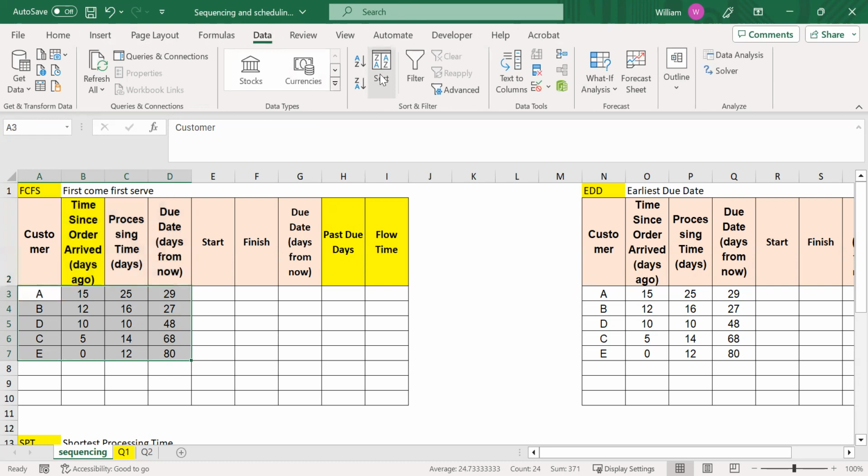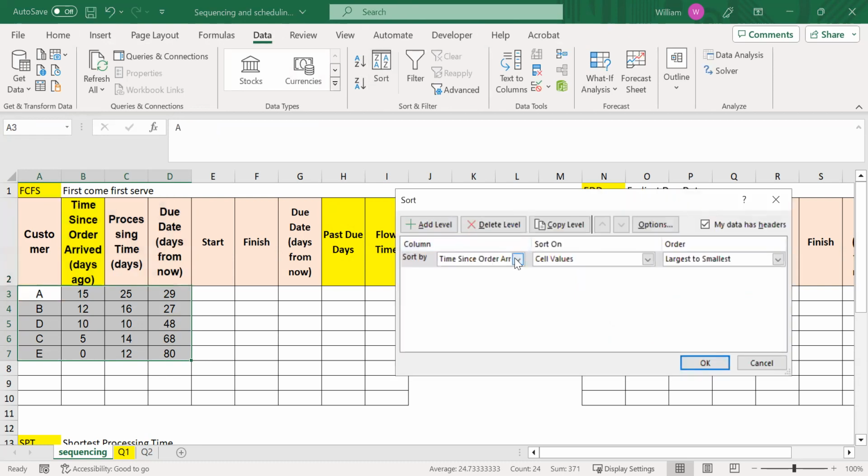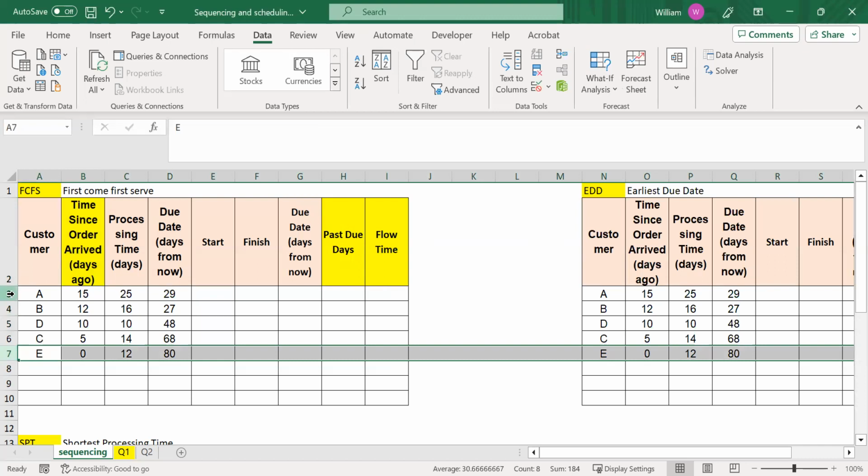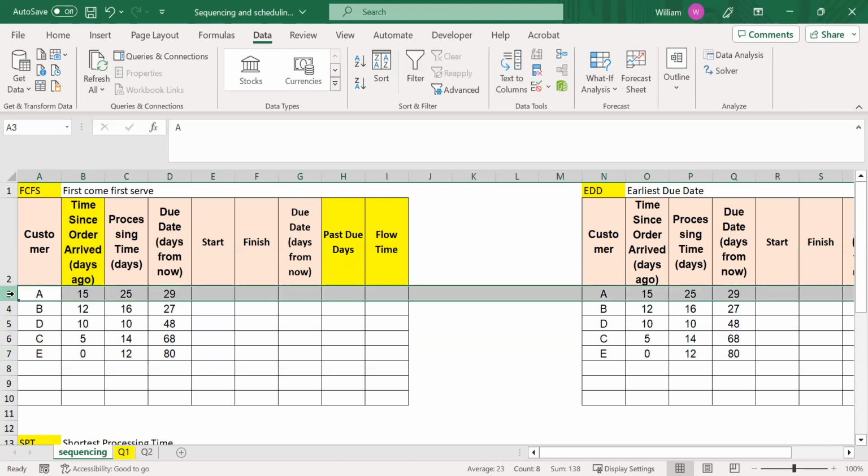Looks like it's missing. So I would sort by time since the order was received from largest to smallest, okay? And that then arranges my data. The most current customer received last will be at the very bottom. The customer who came in first will be at the very top, okay?